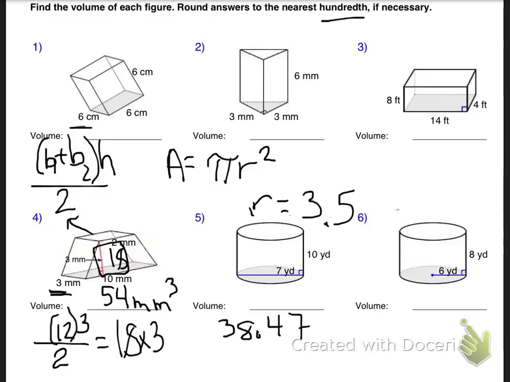Finally, I'm going to take the area of the circle, which is right here, and multiply it by how far I stretched it, which is 10. Which means all I'm going to do is move that over 1. So my final answer is going to be 38, now I have that 4, and now it's 0.7. So 384.7 cubic yards.